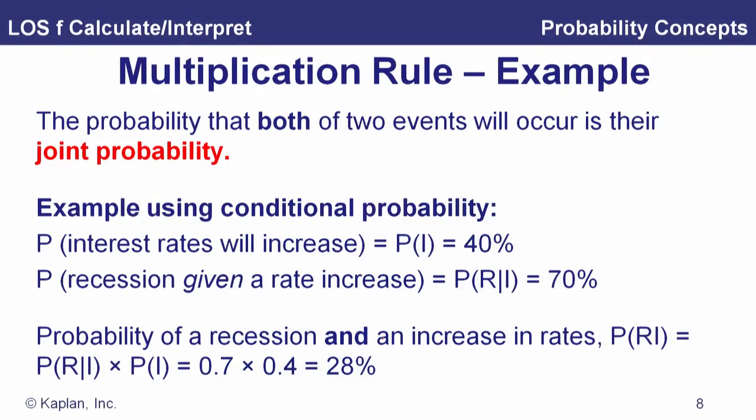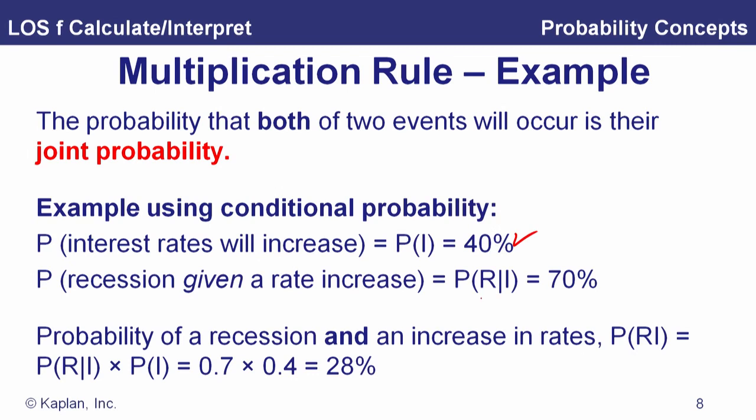So let's take a look at an example of our multiplication rule. The probability that both of two events will occur, their joint probability. So we've got a probability here that interest rates will increase, and we're calling that event I for increase. So the probability of an increase is 40%.